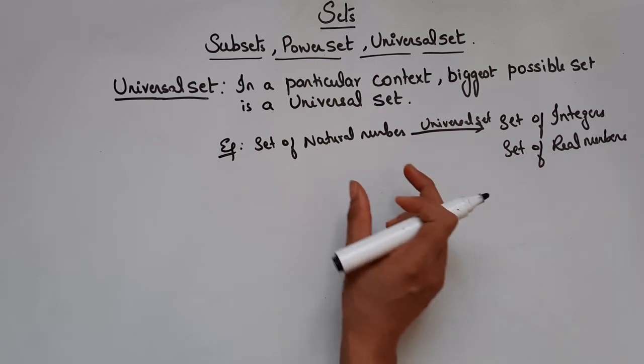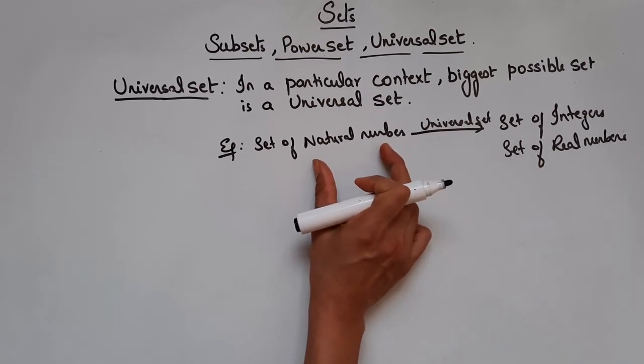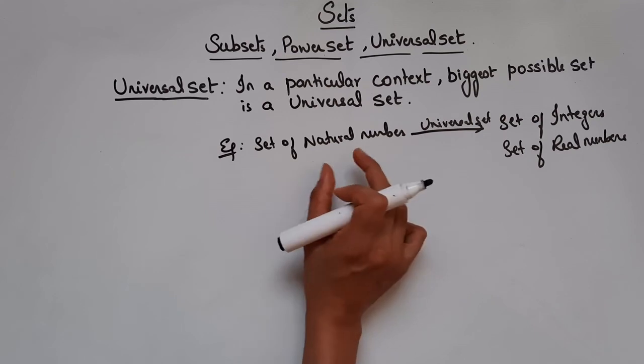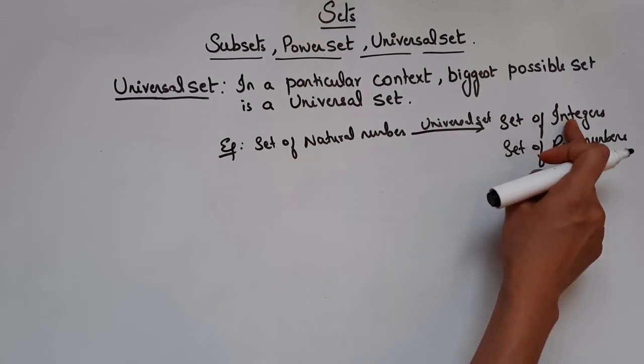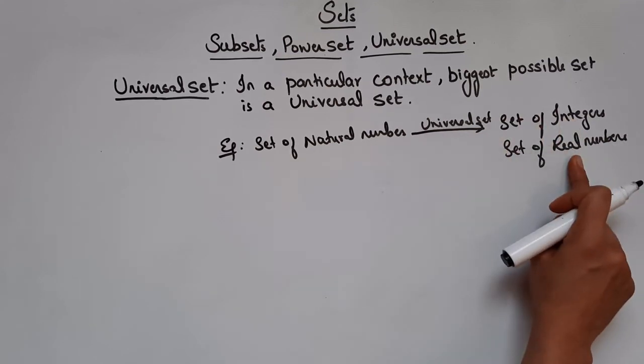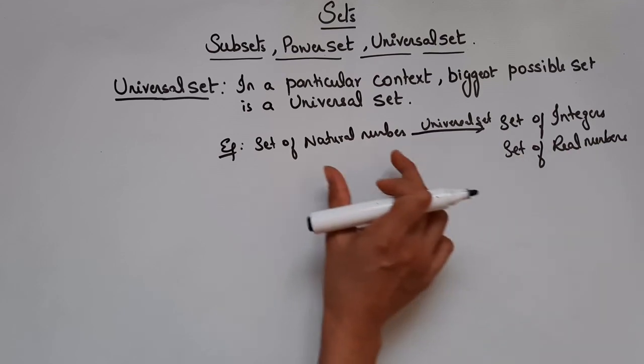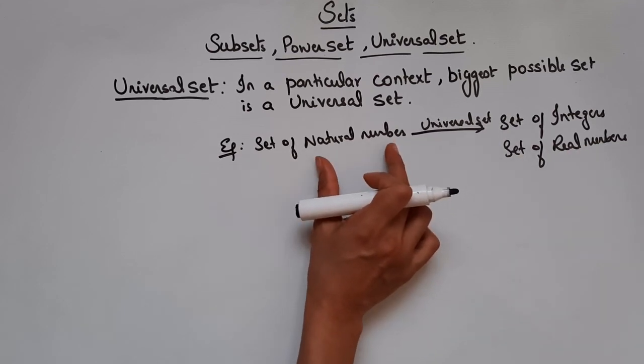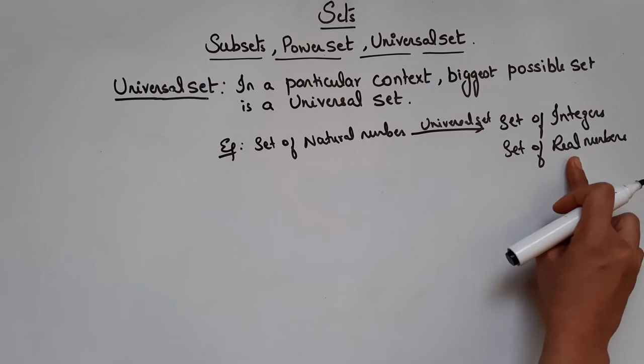In other words, you have to see where this will fit as a subset. Here if you see, natural numbers are a subset of integers, and also a subset of real numbers. So therefore the universal set of natural numbers is integers or real numbers.